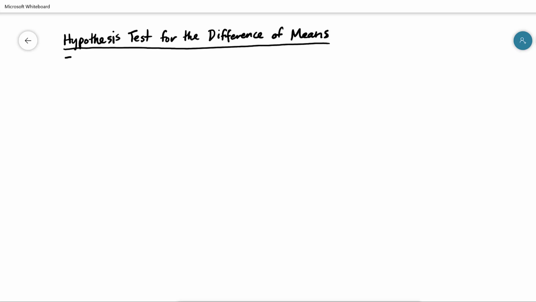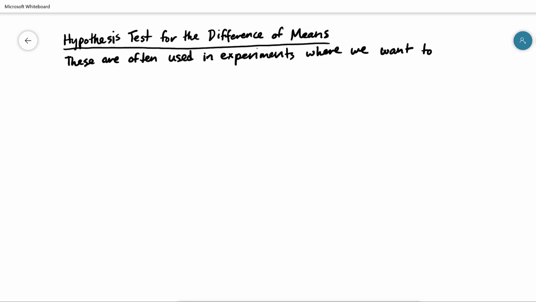So these are often used in experiments where we want to compare the results of our experiment to a control group.